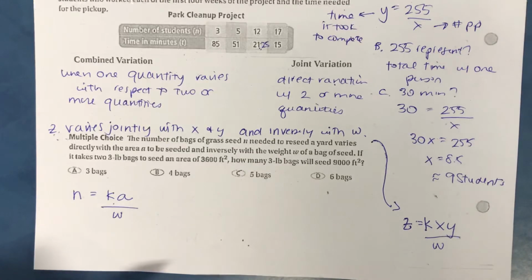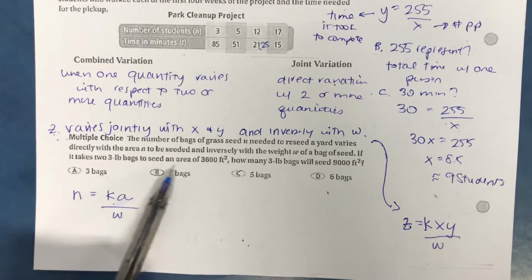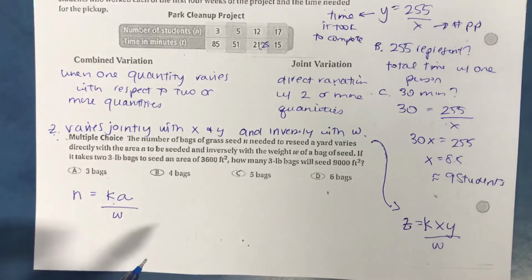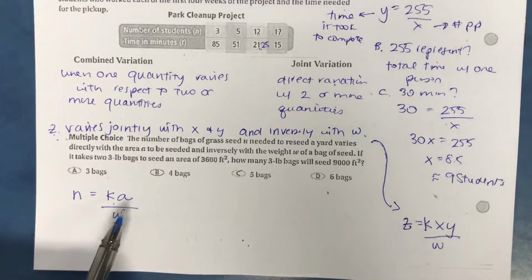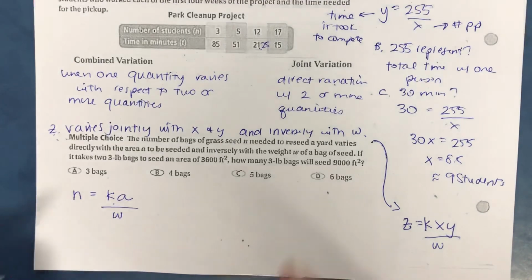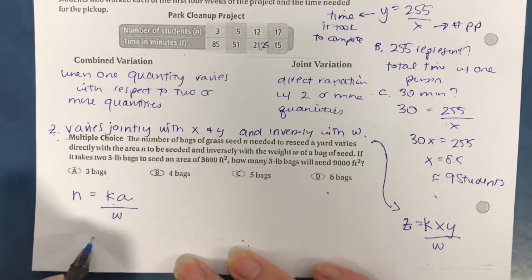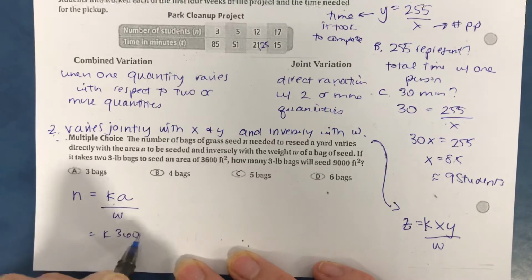So it tells me that it takes 2 3-pound bags to seed an area of 3,600 feet. So I need to know what all these variables mean basically. So A is area. Okay, so it's telling me 3,600 is our area.